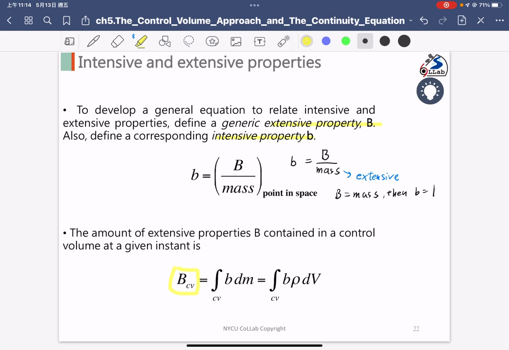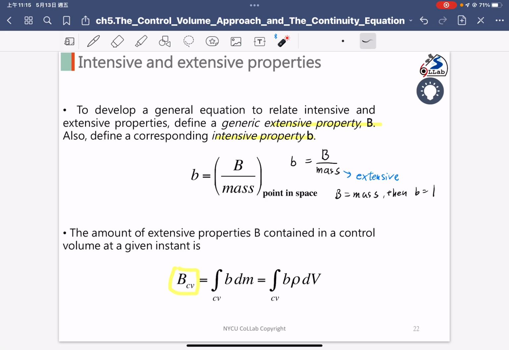That indicates the amount of the extensive property B inside the control volume. Usually that can be written with the small b in here, and we have dm, because it is a piece of the mass.